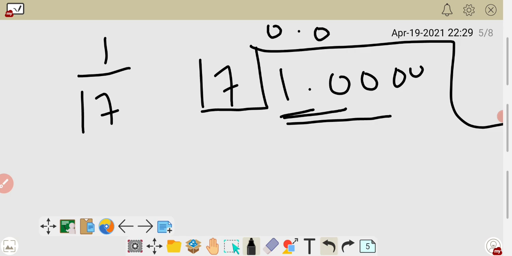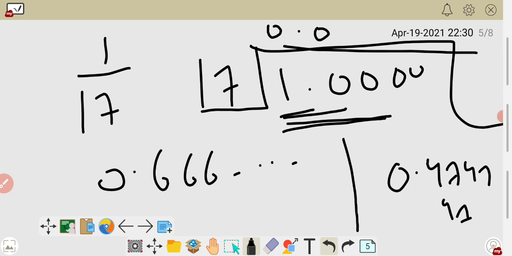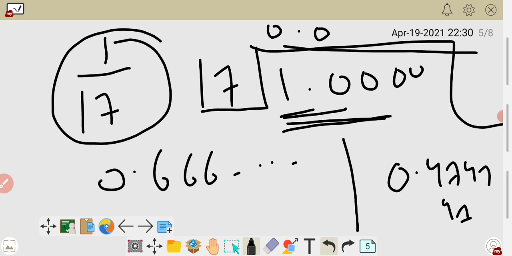Now write 1 0 here. Now in the table of 17 you check how many times 100 comes, and like that you perform long division. Now you have to check, if you continue dividing, after how many digits they start repeating, like 8.6666, so after one digit they repeat, or 6.474747, then 2 digits repeat. Like that, you have to tell how many digits repeat in the division 1 upon 17.